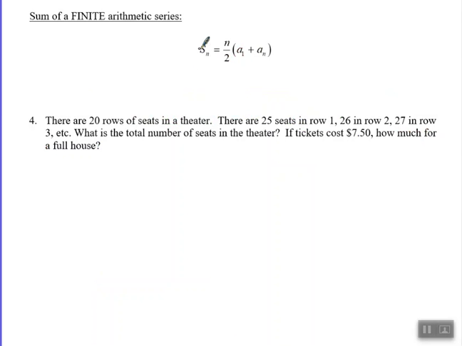This says the sum of n terms is n over 2 times the first term plus the nth term. This is essentially what we just did. If you take the first term and the last term and add them together, you will have n over 2 pairs that have that same sum.